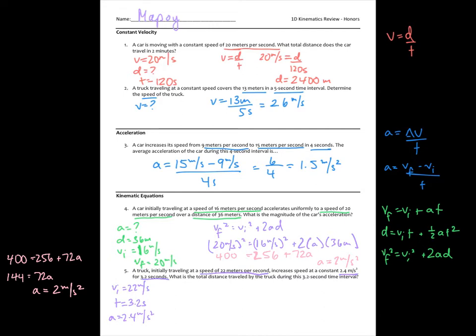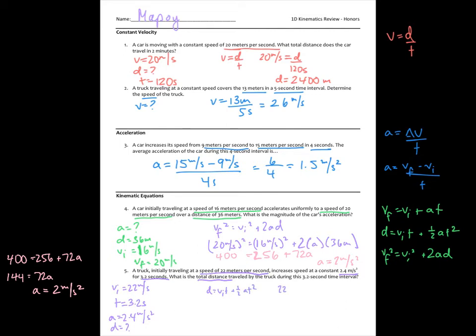Alright, 3.2 seconds. What is the total distance? So d is what we're looking for. So what that means, we're going to use the middle equation. d is what we're looking for.